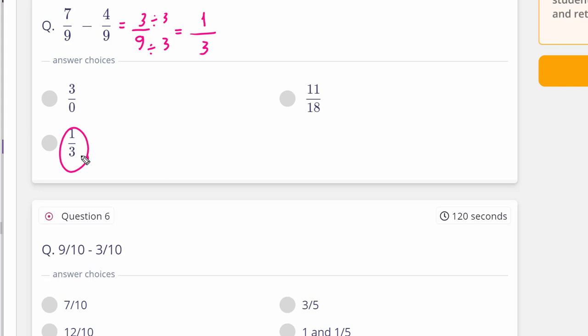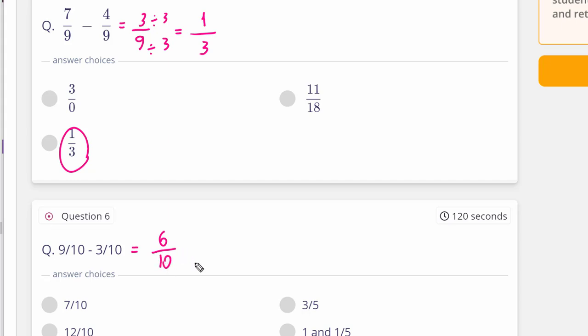Abdullah Mubarak. Yes, Mr. 9/10 minus 3/10. 9 minus 3 equals 6. And the denominator? 10.